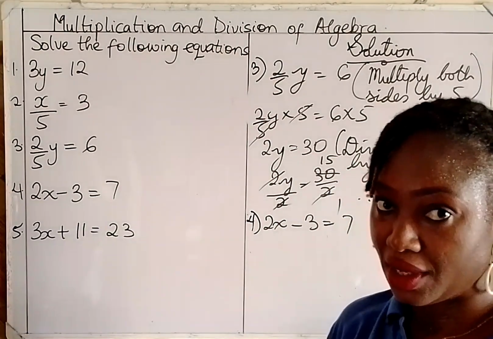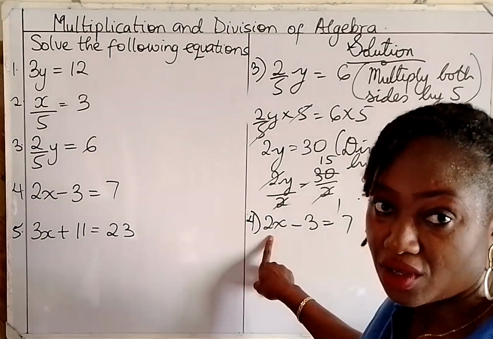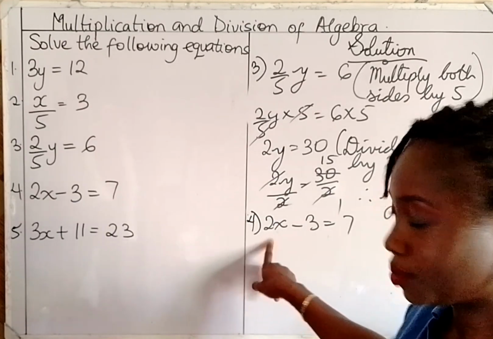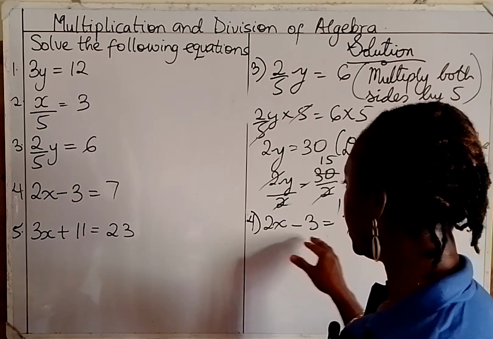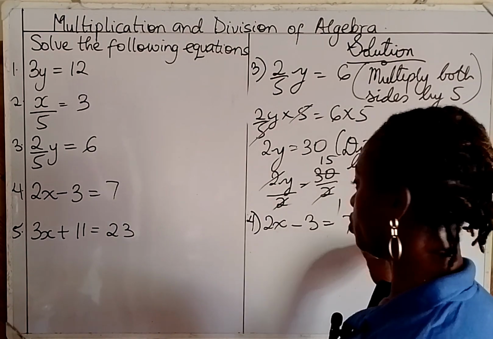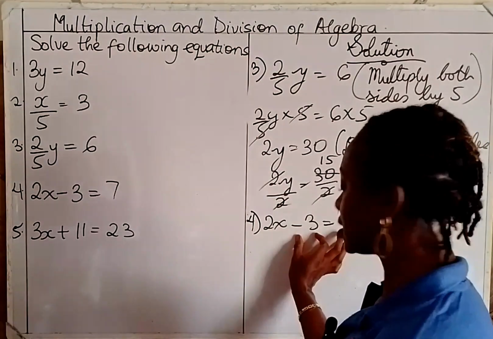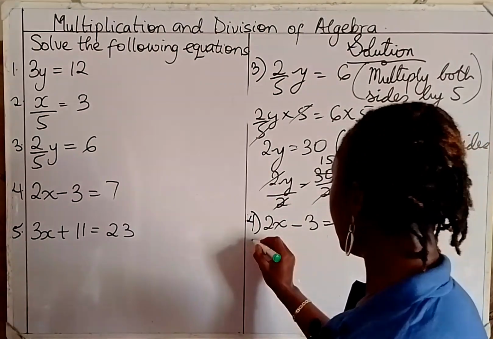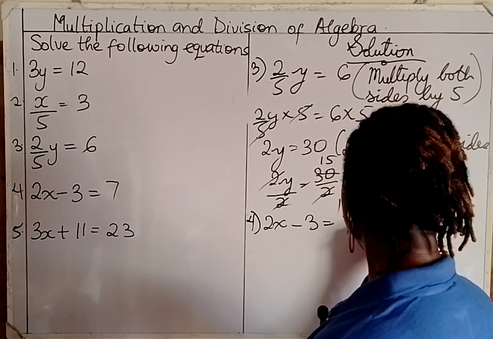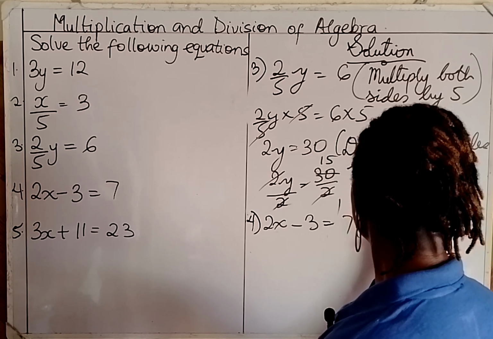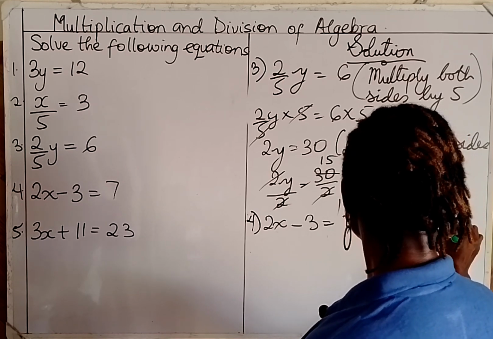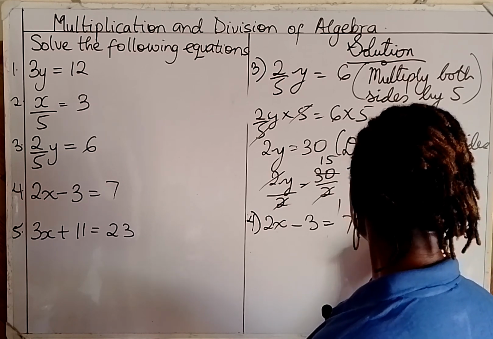There will be division because we have a coefficient of x here, which is 2. From here, we're going to add 3 to both sides, so I can cancel this 3 here. So we add 3 to both sides.